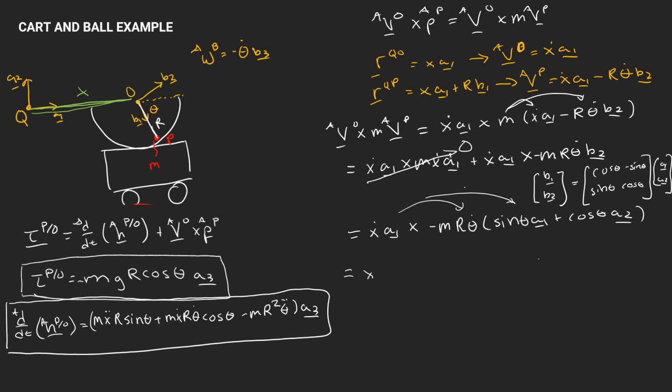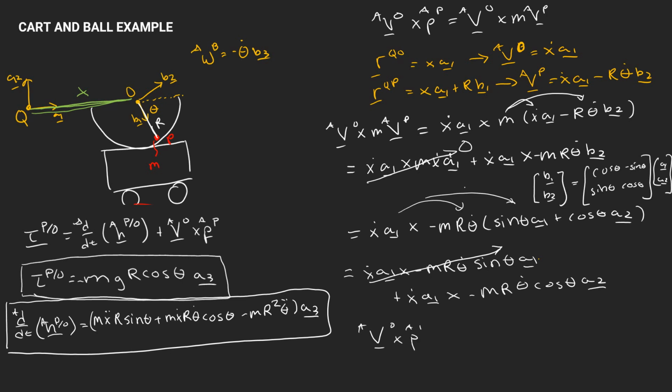We'll get x dot a1 crossed with negative m r theta dot sine theta a1, plus x dot a1 crossed with negative m r theta dot cosine theta a2. Yet again, we have an a1 crossed with an a1 term, so this is going to disappear.